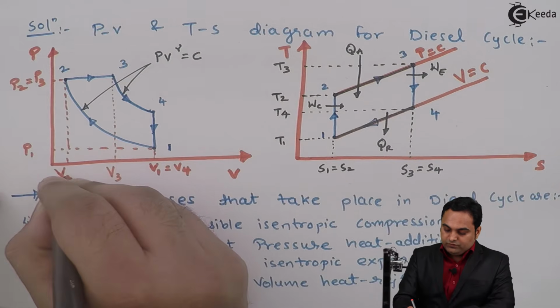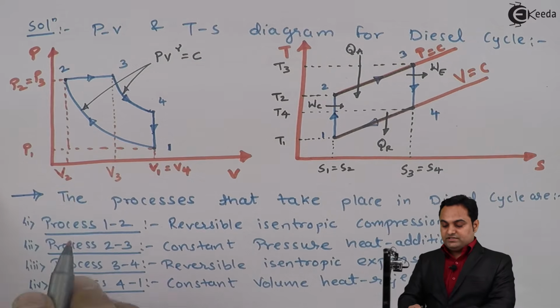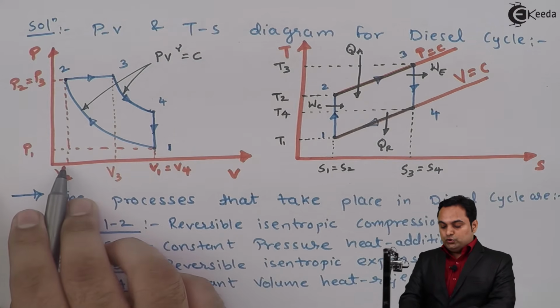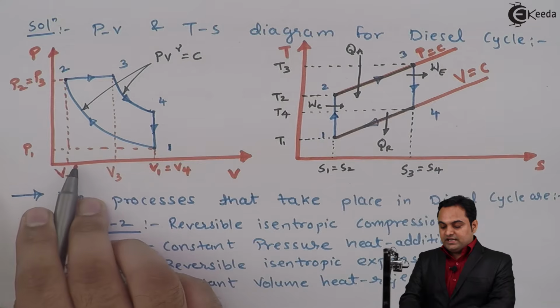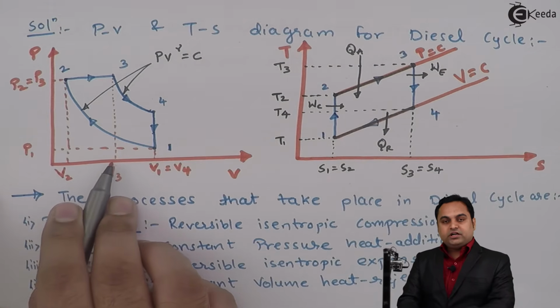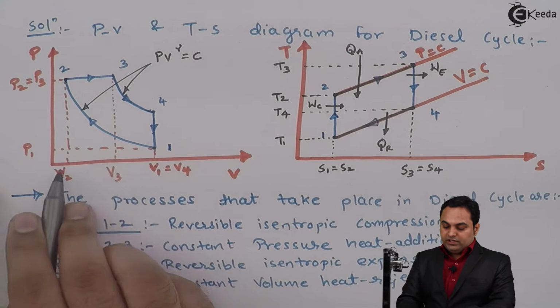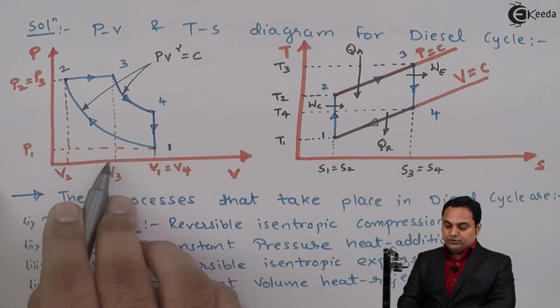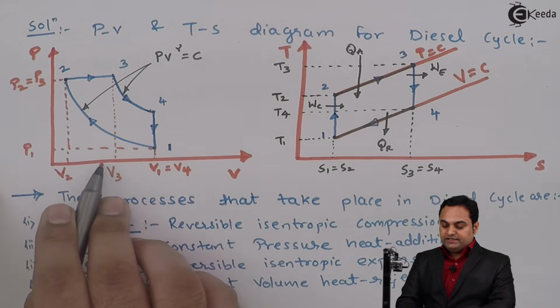So V2 is equal to V3. Here as I see, during V2 the fuel addition starts and up to V3 it continues. So V3 minus V2 is the duration during which the fuel gets injected.